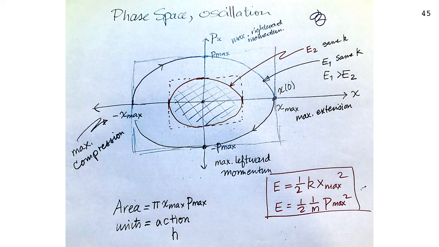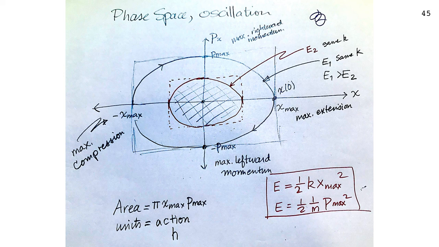Why, Krishna, why outer? I saw you nod your head. It's got a larger momentum. This is a larger momentum up here. It gets a bigger P max. So go ahead and write this down: E1 is greater than E2.